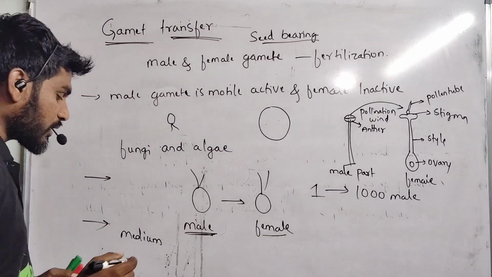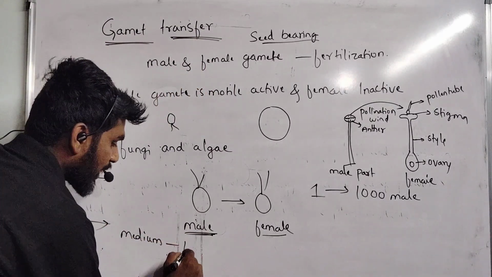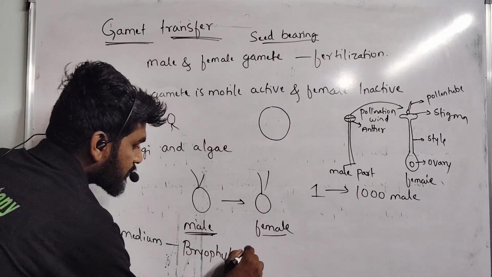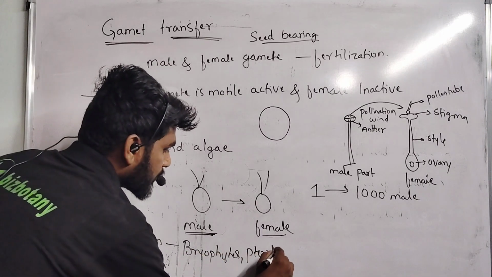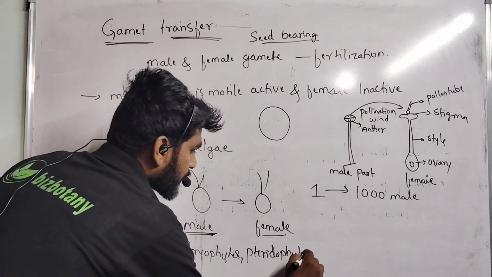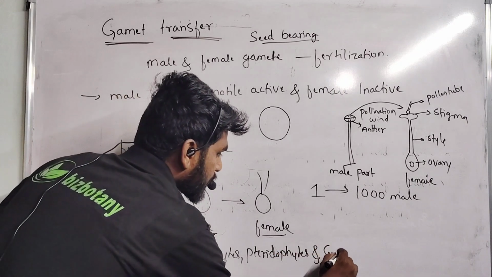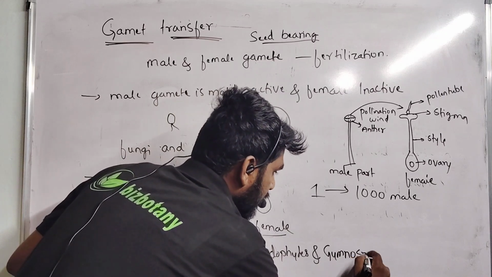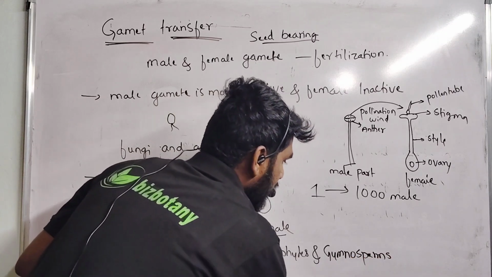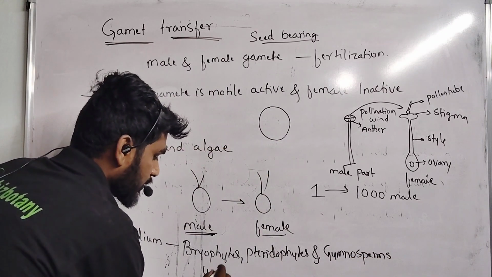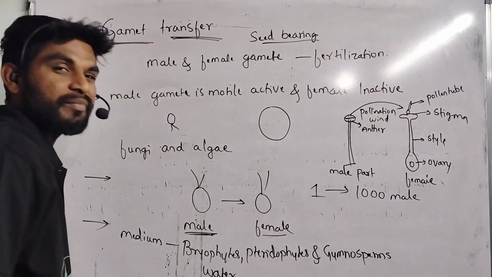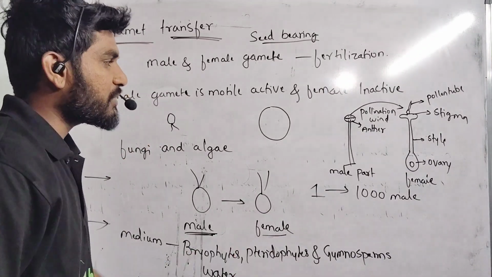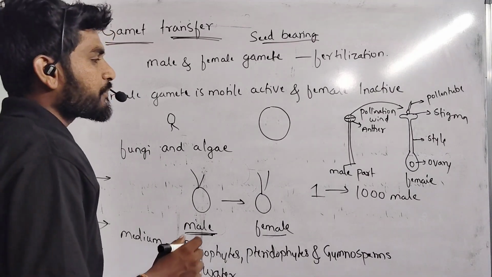But in lower organisms like bryophytes, pteridophytes and gymnosperms, water acts as a medium for the transferring of gametes to reach the female sex organs.